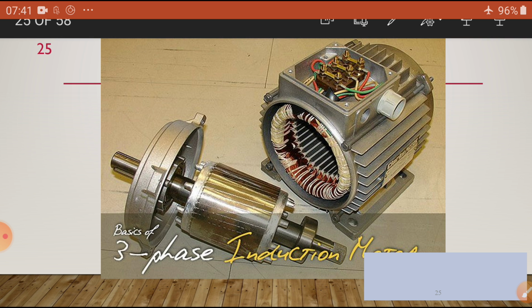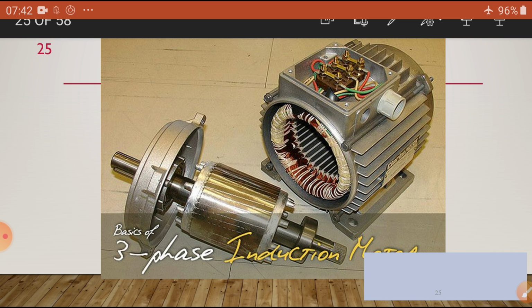In the second case, the transformer secondary is short circuited and we give a reduced voltage to the primary, in such a way that it draws the rated current in the primary winding, with the help of a single phase variac.